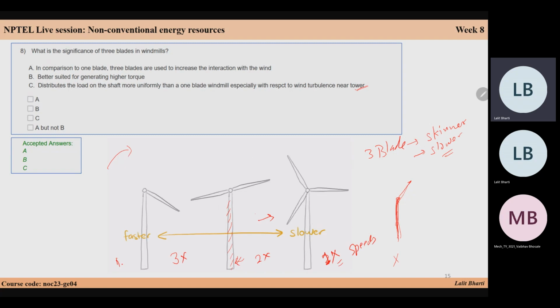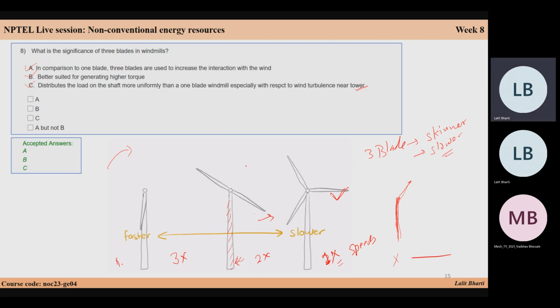You can go for the four blade system also, but the three blade system is the most efficient and mostly used for windmill systems. So all three options are correct for this question.